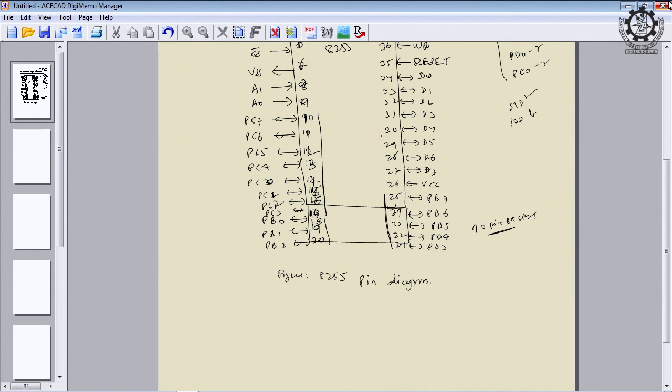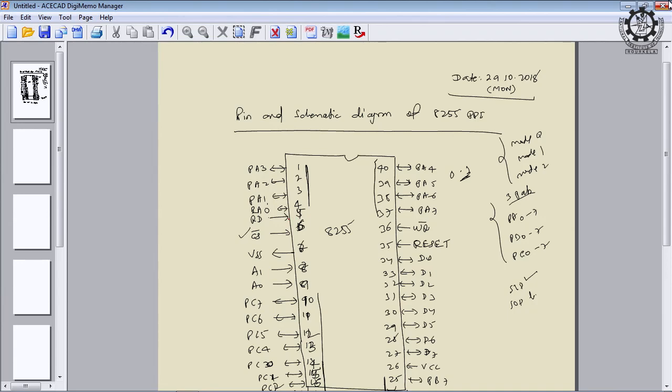As I have already told you, every peripheral IC, and every memory IC also, needs a chip select signal, that is pin number 6. With the help of a decoder, we can identify or recognize this 8255 PPI, and unless this is enabled, sometimes we also call it chip enable signal, chip select or chip enable, both are the same, right?